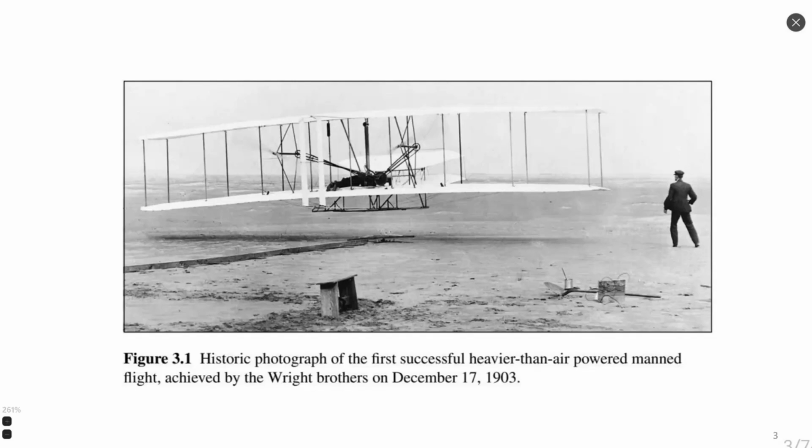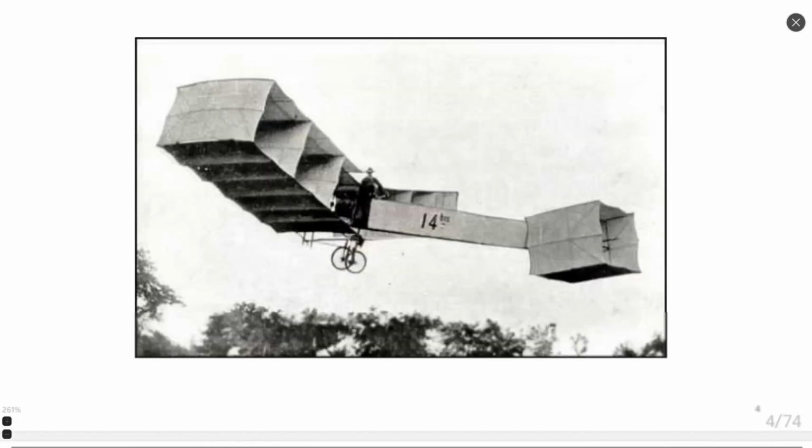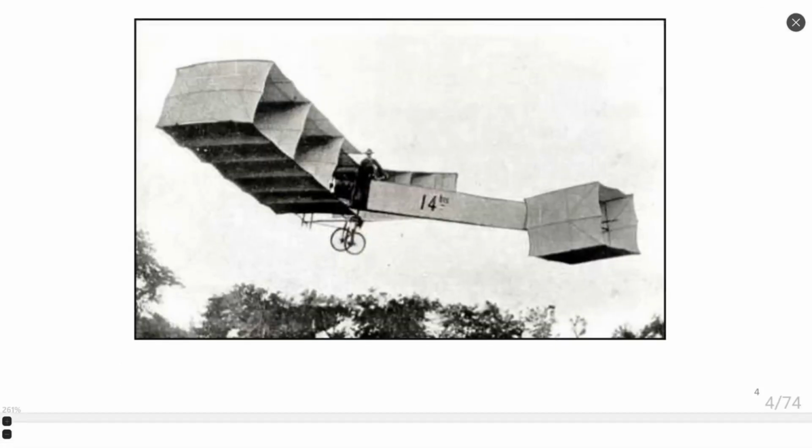I think what is very important is that people started to develop theory, and some parts of this theory that help us to understand physics and to apply simple laws of aerodynamics we will discuss here in this chapter. Okay, this is a picture of Santos Dumont with his airplane.